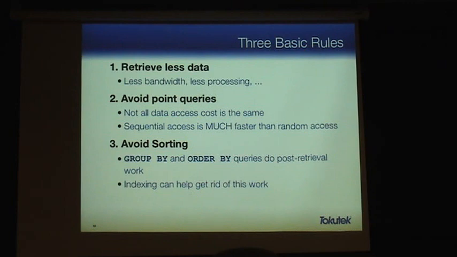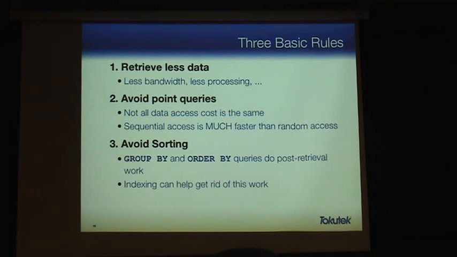Second one, avoid point queries. Not all data access is the same. Sequential access is much faster than random access, so try to stick with sequential access. Sorry, point queries meaning like just a bunch of individual queries? Or you remember that query where the animation was slow?